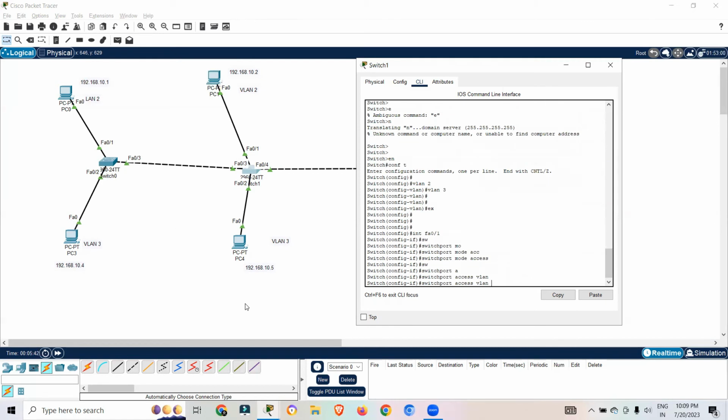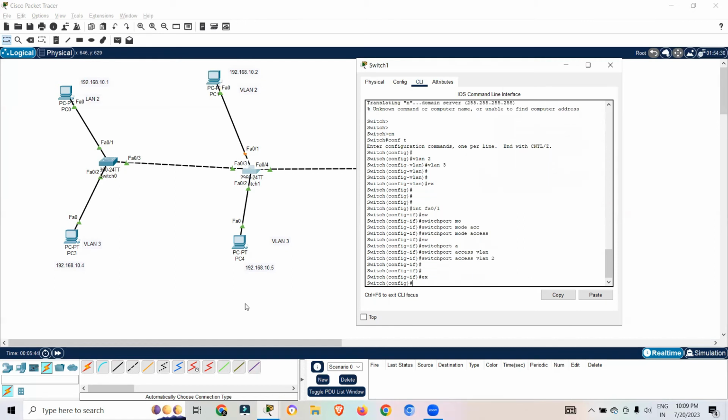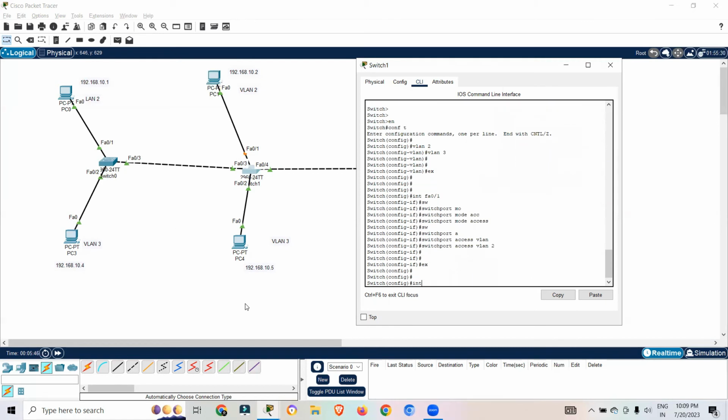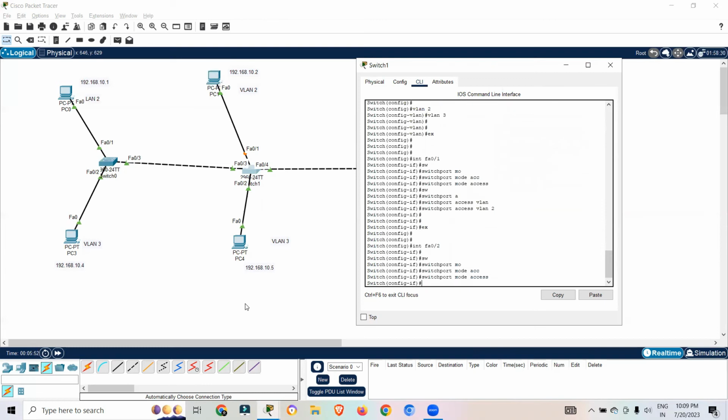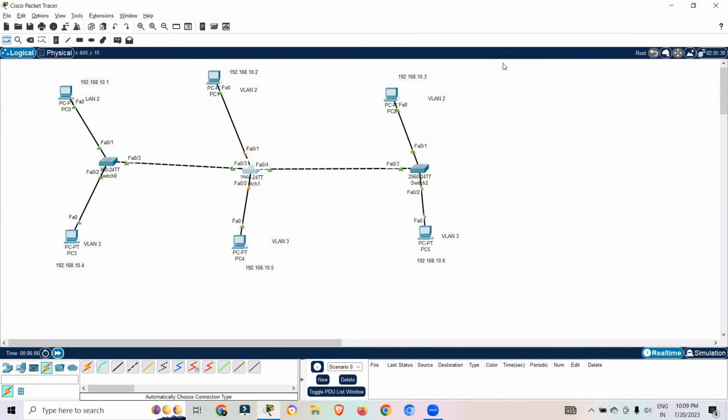Which VLAN here? 2. Exit, interface FA0/2, switchport mode access, switchport access VLAN 3. Exit.